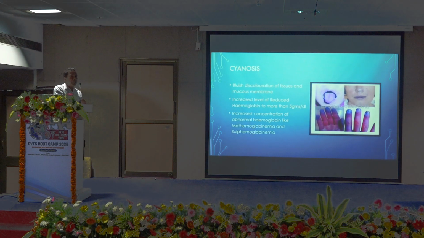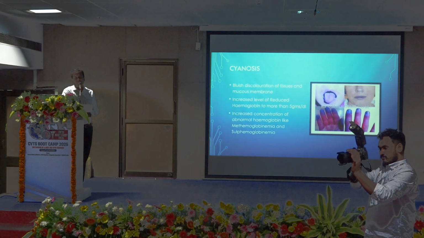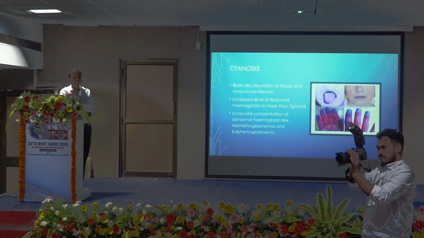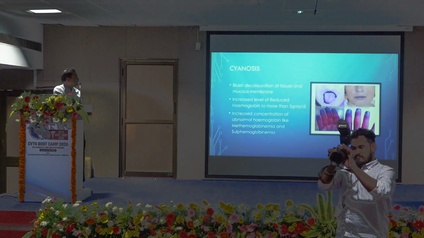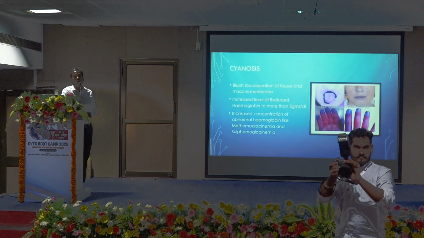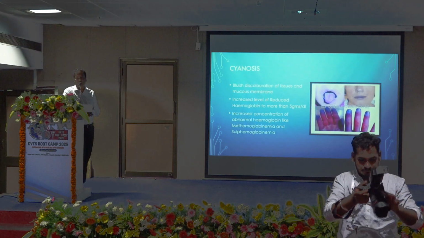When there is an increased level of reduced hemoglobin to more than 5 gram per deciliter, it can be called cyanosis. Second, when there is an increased concentration of abnormal hemoglobins like methemoglobinemia or sulfhemoglobinemia, that can cause cyanosis.